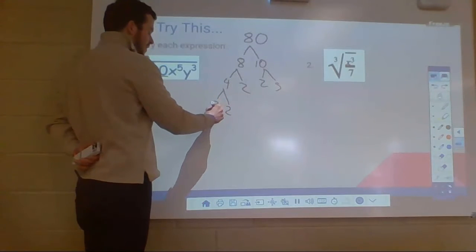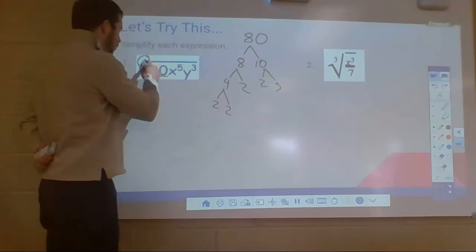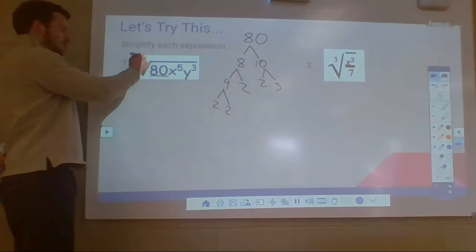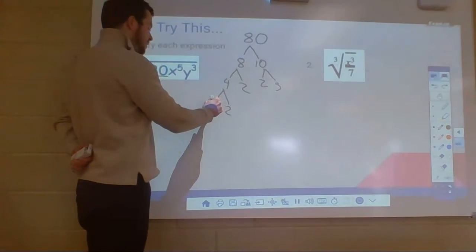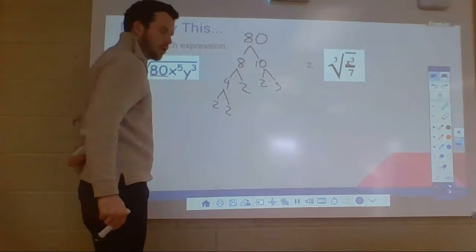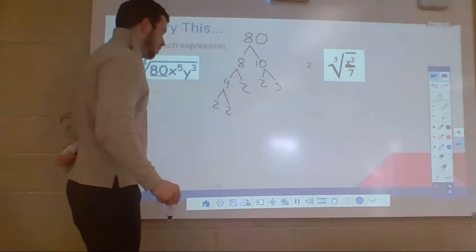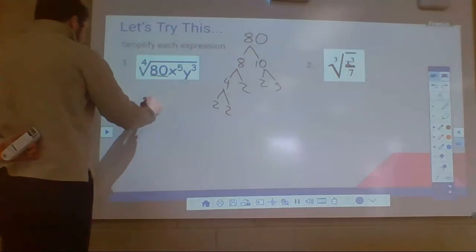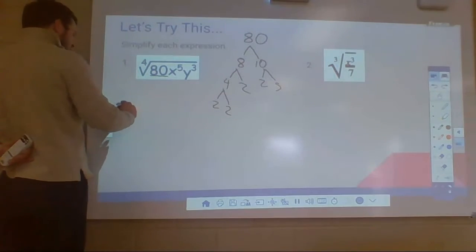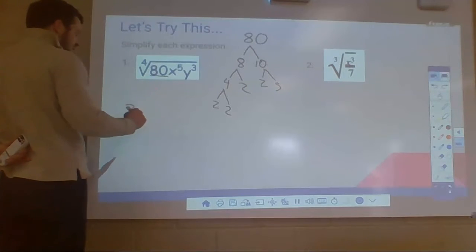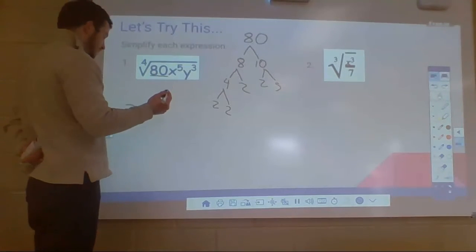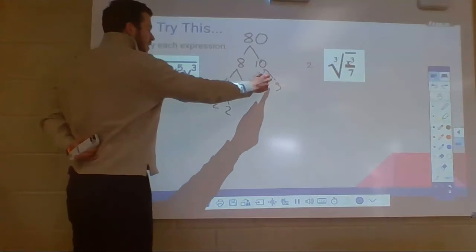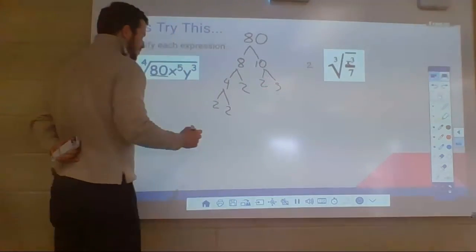And I'm going to look to see if I have any groups of 4 here. Looking at that index, any groups of 4. All right, so I see 1, 2, 3, 4 2s. Well, here's the deal. I can write 2 on the outside since there were 4 2s, but the 5 is going to be left under the radical.